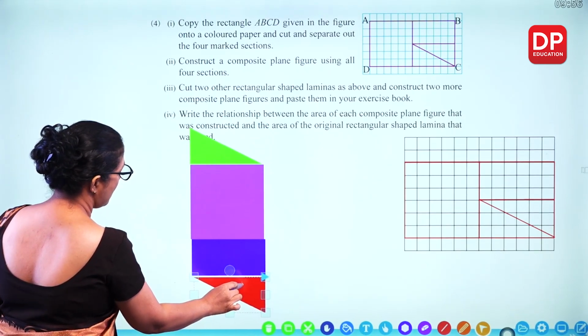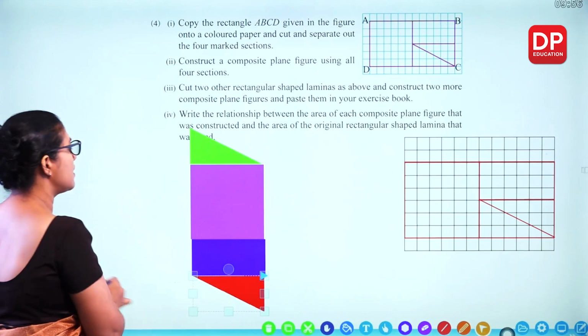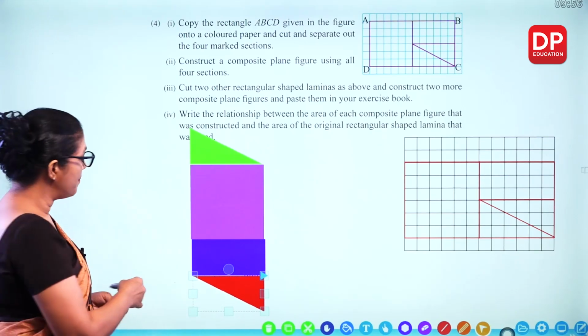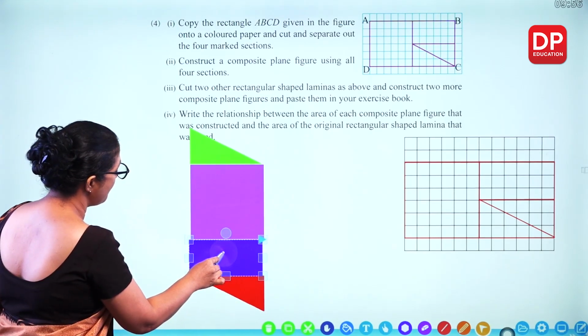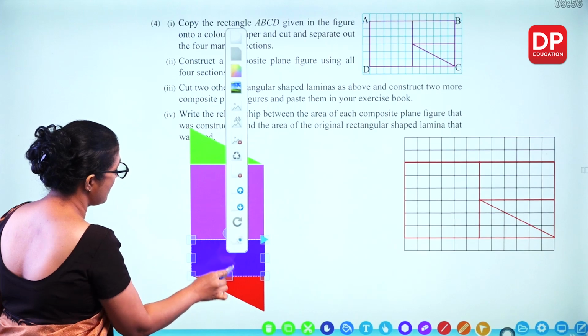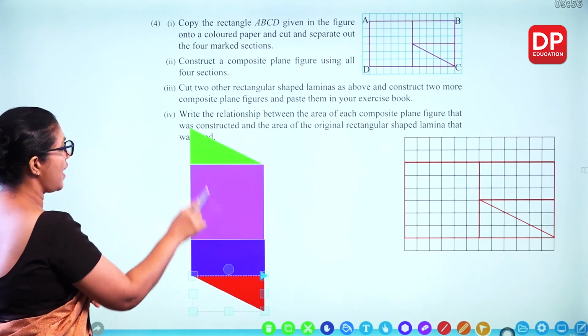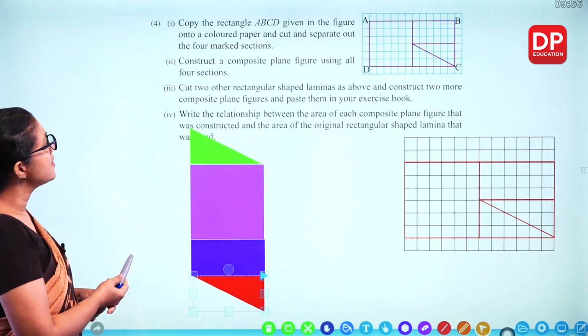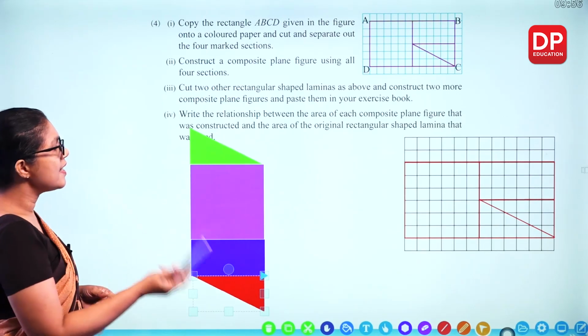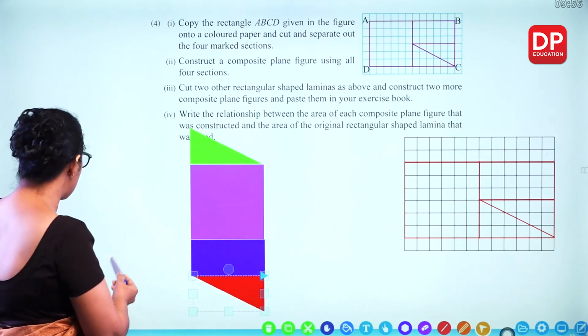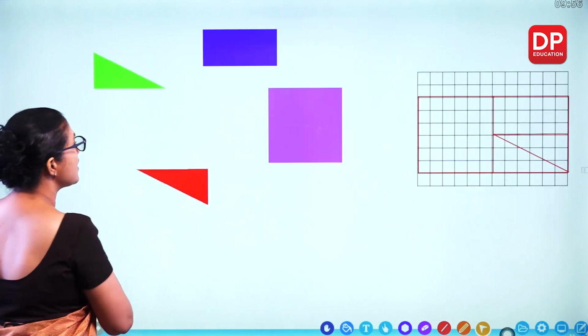What's the shape? You can get a parallelogram. So this is a parallelogram. So you can create shapes like this. So we'll see on the next page how we can create another shape.